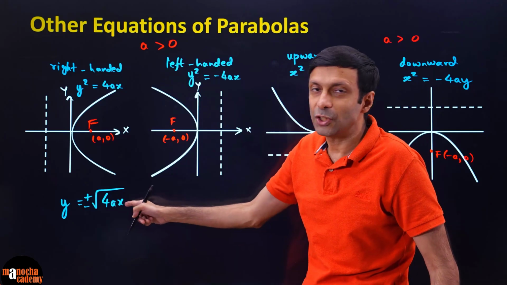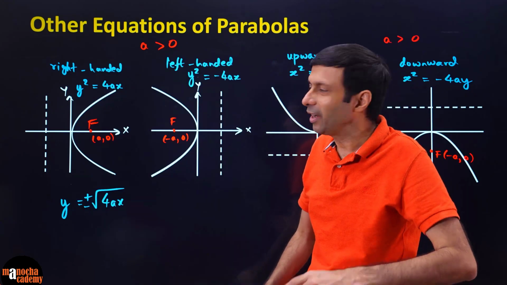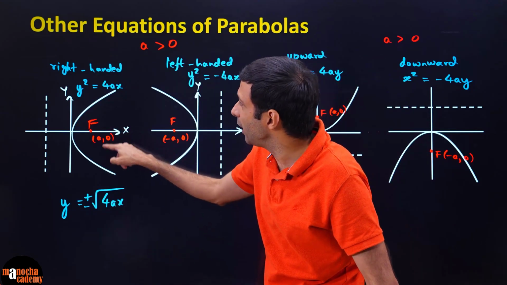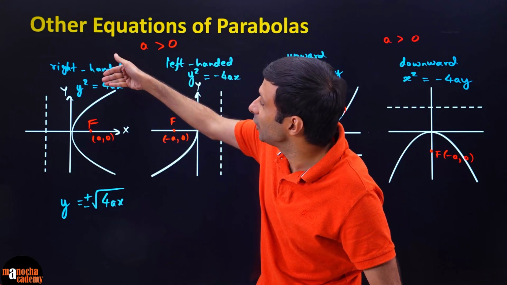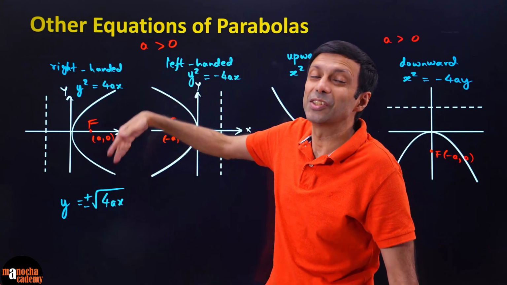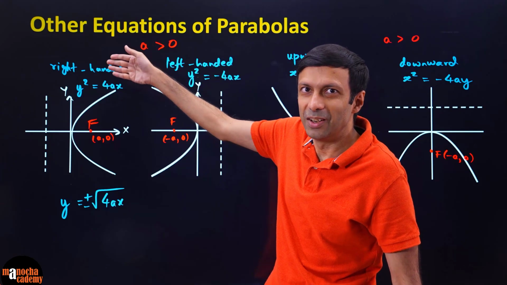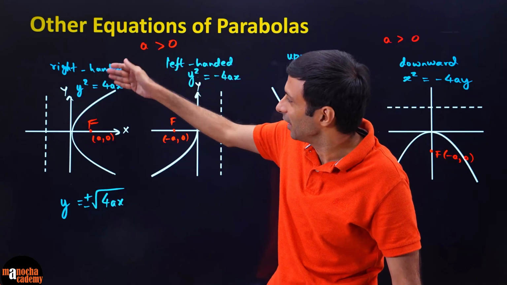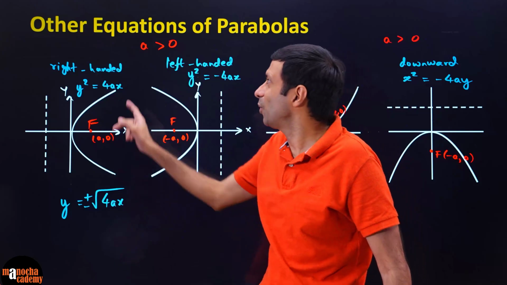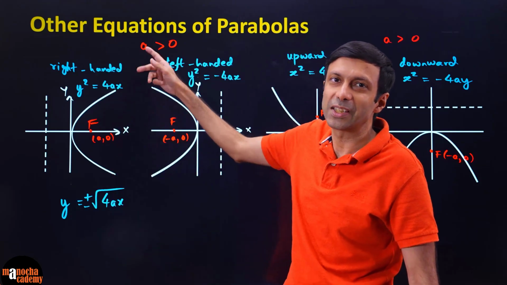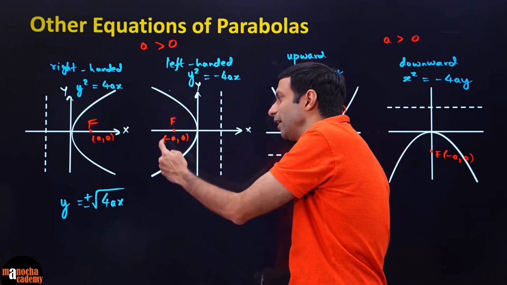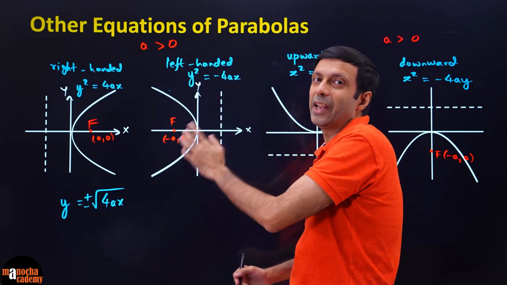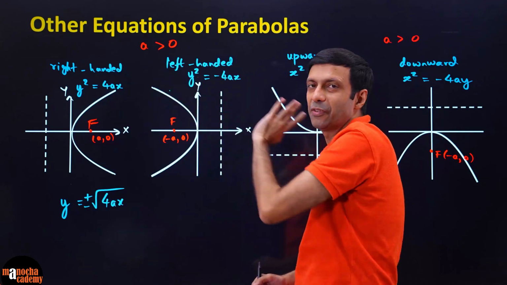So for every x value, I will have a positive y and a negative y, some point on the positive y side and something on the negative y. That's why y square equal to 4ax gives you this kind of shape, and depending on left or right side, we have a positive or negative sign.